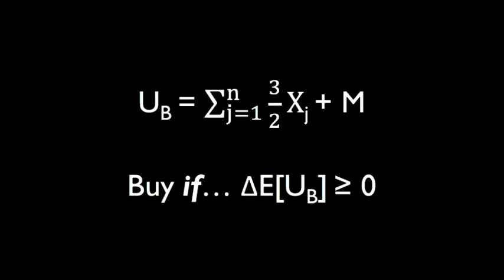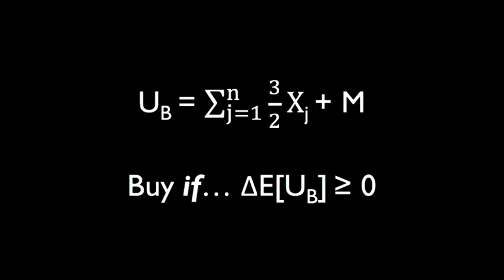Okay, once we plug in the expected quality of the car, then with that we can calculate the buyer's expected change in utility, and then we can simply require that the buyer's expected change in utility be greater than or equal to 0.